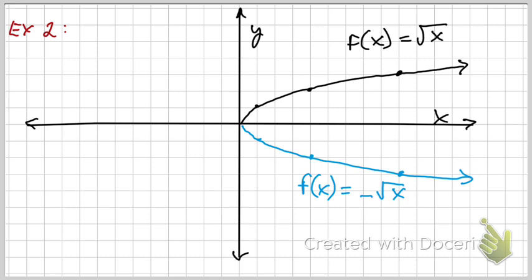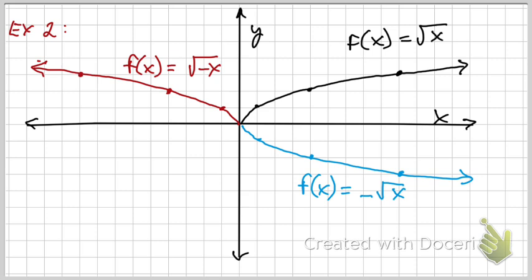And if I want to reflect that same function across the y-axis, I'm going to say what? Well, the x's are changing because they're on the left-hand side of the y-axis now. I want to leave the y's the same, but change the x's. So now notice I'm sticking that negative sign inside the radical.